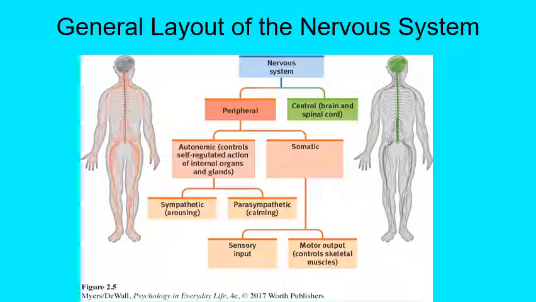So in the sympathetic division, it is triggered by threatening or challenging physical or psychological information. It prepares our body for action. And the parasympathetic division is responsible for returning the body into a more relaxed state. And it also regulates our digestion.